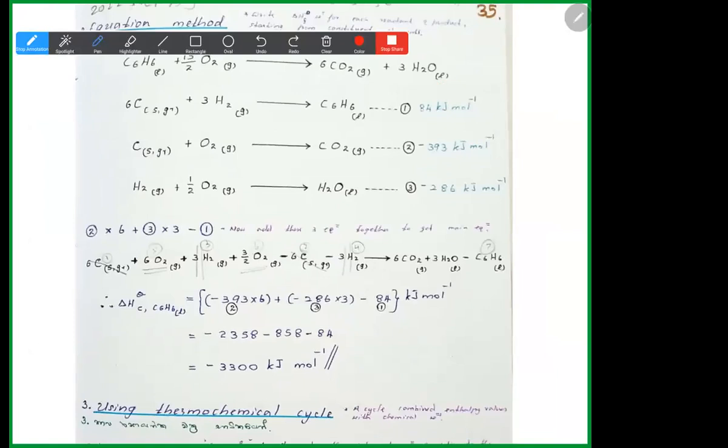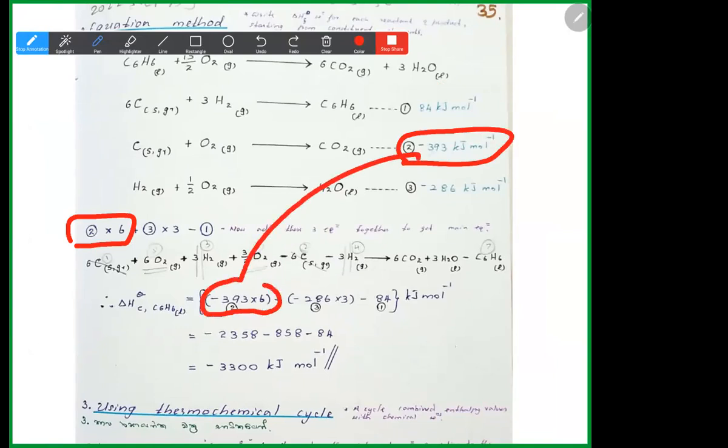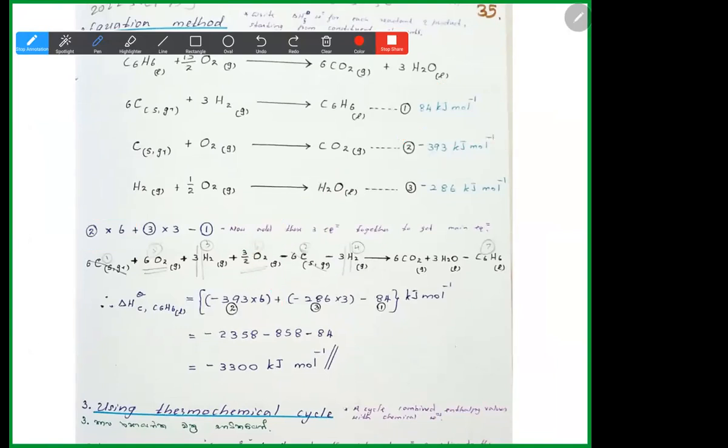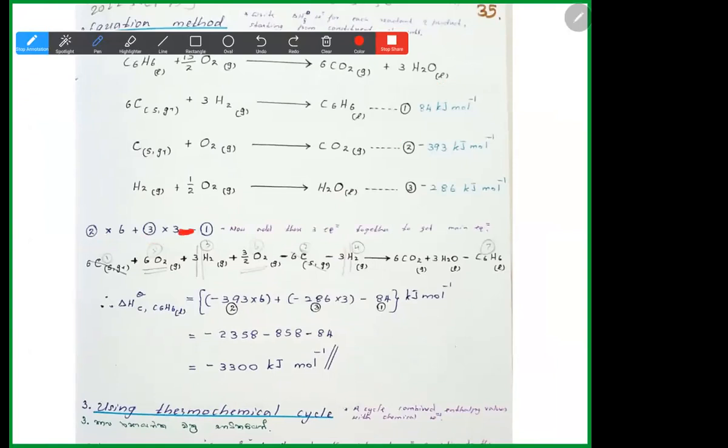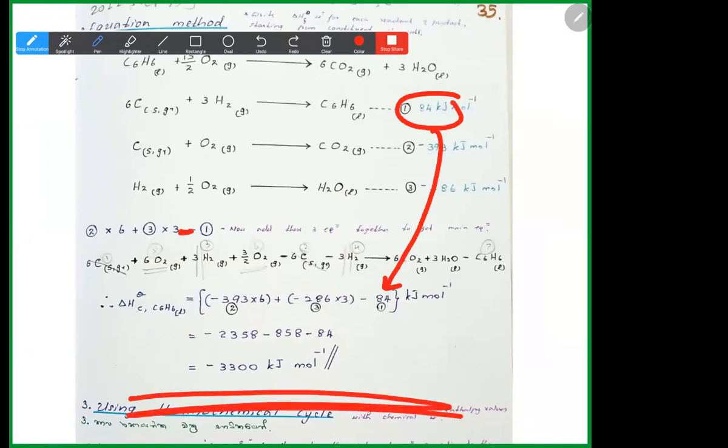Since I've multiplied equation number 2 by 6, this value is multiplied by 6. Since I have multiplied equation number 3 by 3, this value I multiply by 3. This one I have written as opposite, that is negative, so 84 becomes negative 84. Get the answer. You can get the answer very easily.